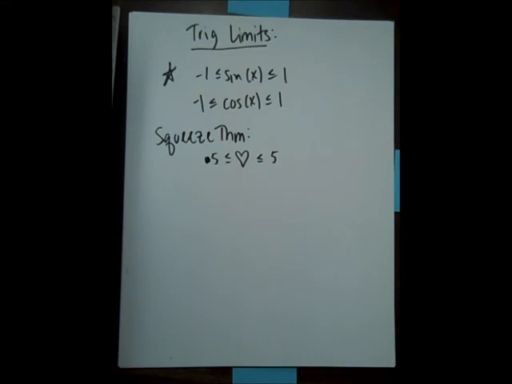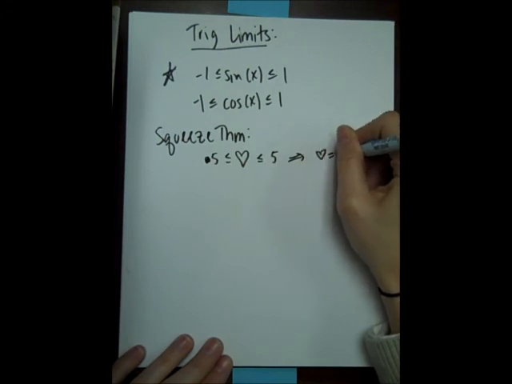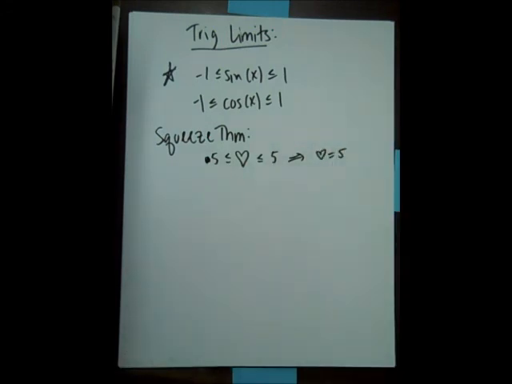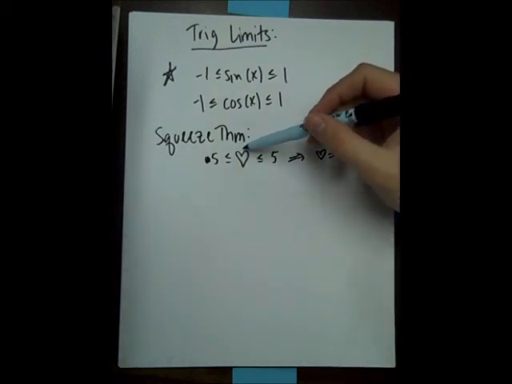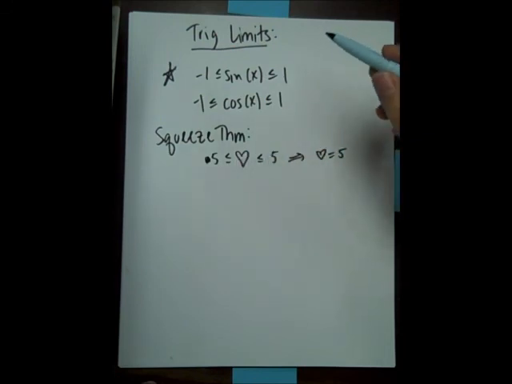So if I can say that this heart is greater than or equal to 5, but also less than or equal to 5, this means that the heart has to equal 5. If I can bound something above and below by the same number, then that something is equal to that number. So this is the basic idea of the squeeze theorem.